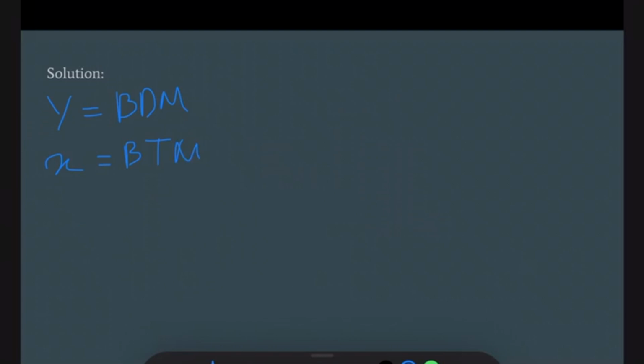In order to do that, we need to use ax plus by equal to c. Obviously y is BDM, x is BTM, and c will be the value of the load. So how do we find it?